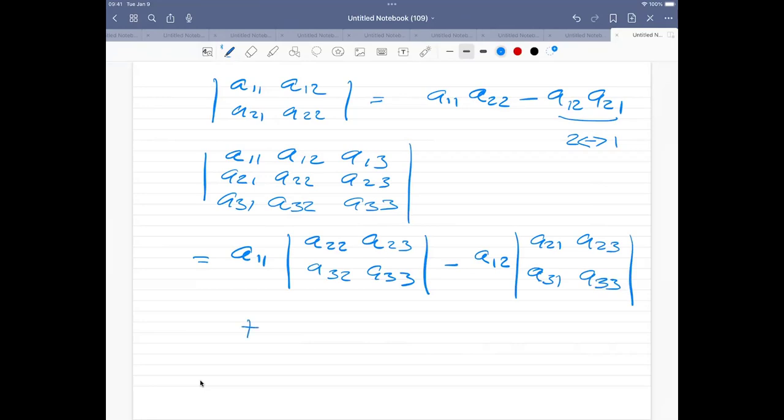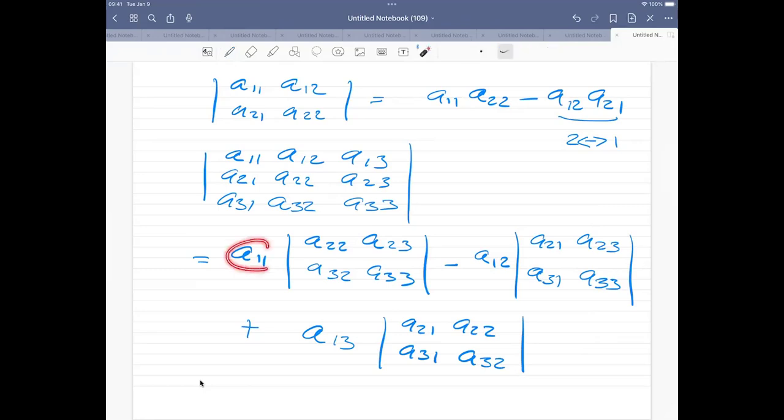And then we have plus an A13 multiplied with A21, A22, A31, and A32. Now, if you, for instance, look at the first term you get, if you take A11, you have multiplied with A22 and A33, nothing happens. In the next case, 1 is staying there, but you're interchanging 3 and 2.